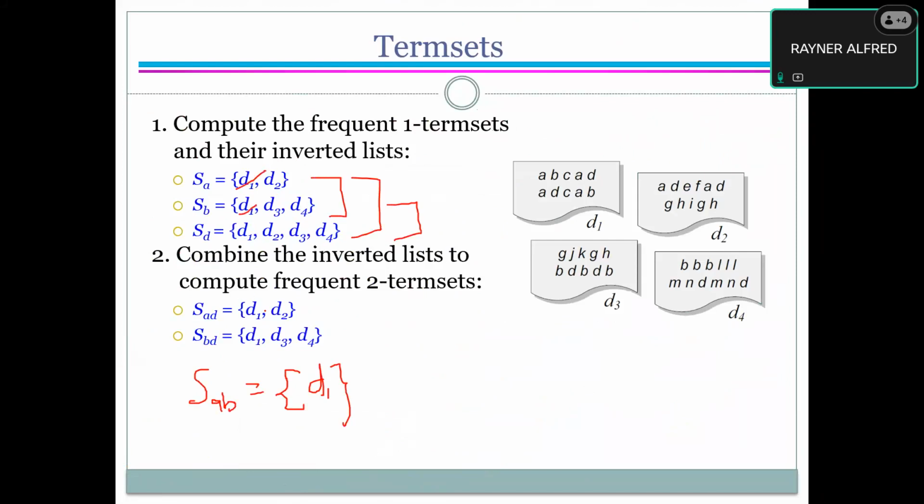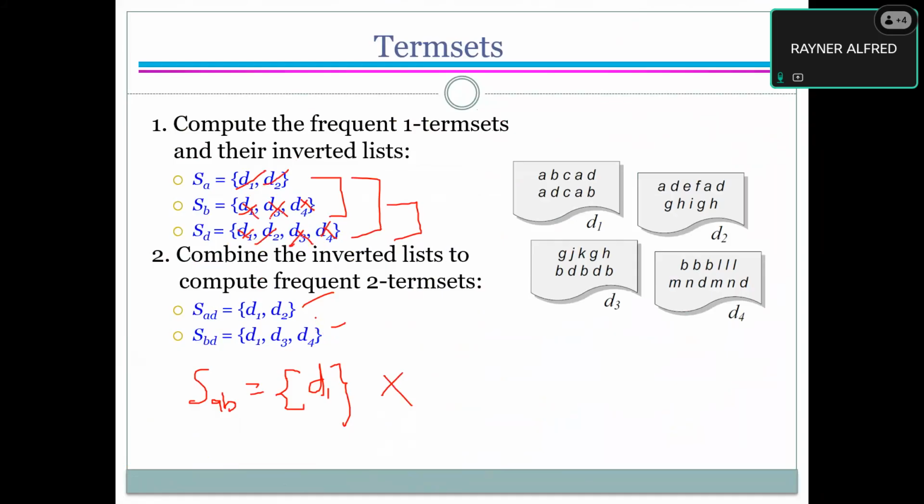And then for AD, we have 2, 1 and 2. For BD, we have 1 and 3, and then 4. Okay, so that means this is not frequent, this is frequent, because we set the threshold to be 2, right?